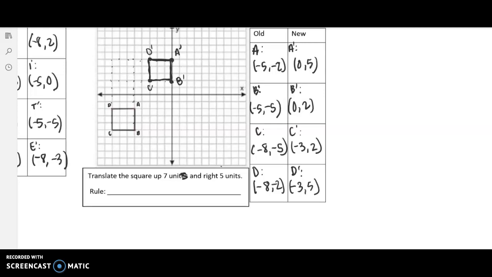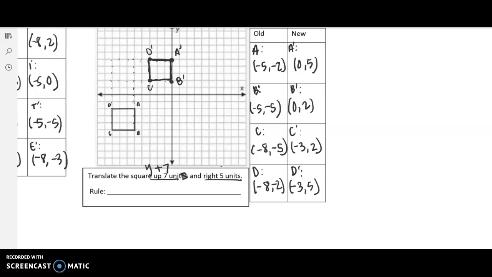So up 7, 1, 2, 3, 4, 5, 6, 7. Right 5, 1, 2, 3, 4, 5. So you had to go up 7 and right 5 for every single point. Now remember, up affects our y, and up is positive. So our y, we had to add 7 to it.